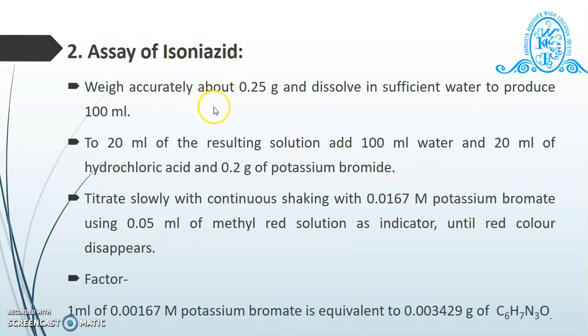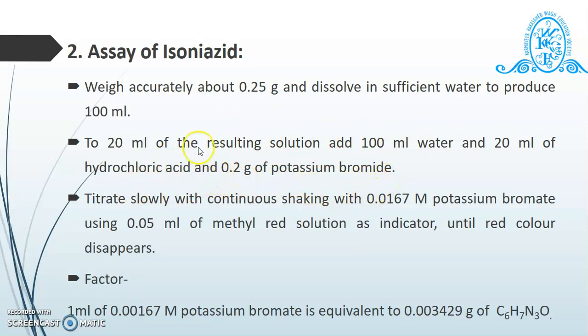For this step, we take 0.25 gram of the drug and dissolve it in water to produce 100 ml of stock solution of the drug. In the first part we prepared the stock solution of titrant, now we prepared the stock solution of sample. Then we take 20 ml of this solution, and add 100 ml of water, 20 ml of hydrochloric acid and 0.2 gram of potassium bromide.